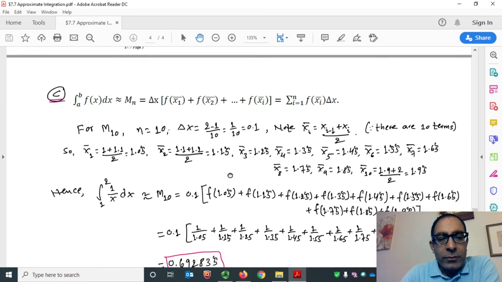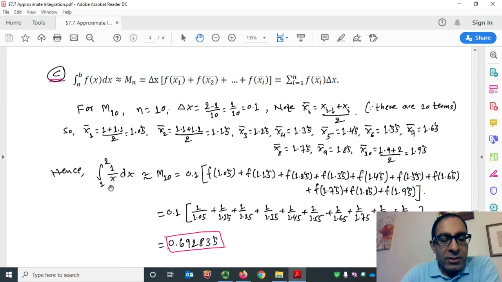And then just the routine computations. The definite integral from 1 to 2 of 1 over x dx is approximated by M10, where M stands for midpoint Riemann sum. So delta x is 0.1, f of x1 bar, f of 1.05, f of x2 bar, so f of 1.15, and so on.